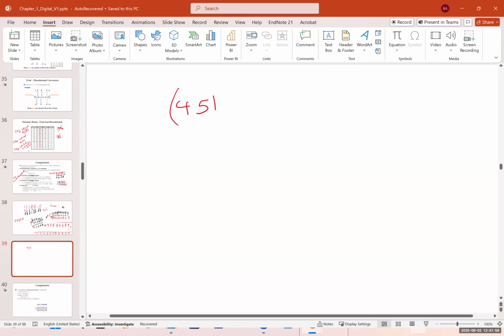If I have 4, 5 in a base of 6, and I want to convert it to the base of 12, I cannot do that. For cases like this, I have to first convert 4, 5 in base 6 to base 10, and then convert it again from base 10 to base 12, which is going to be a little more complicated.